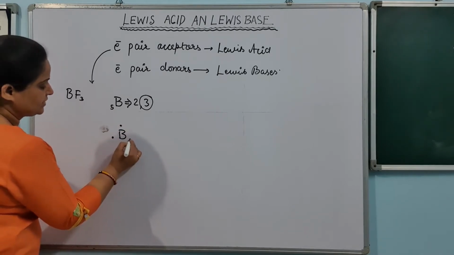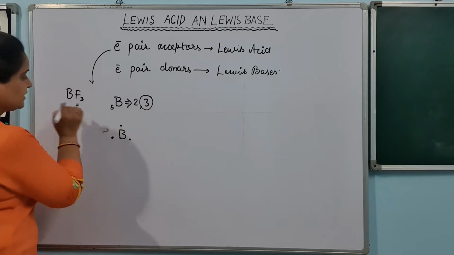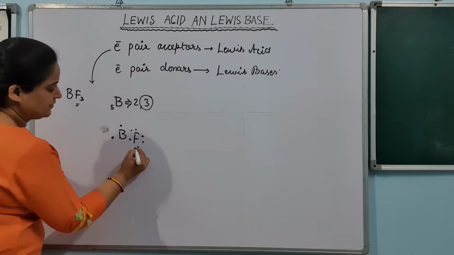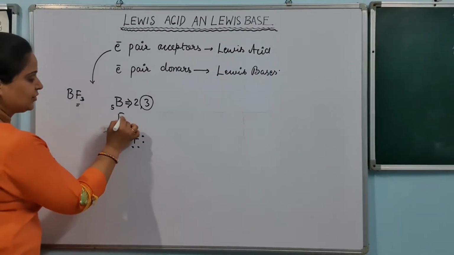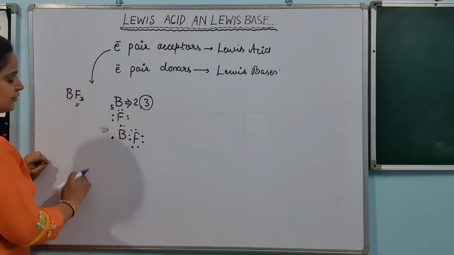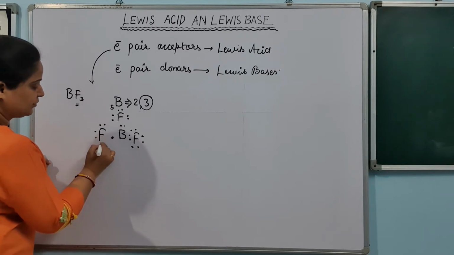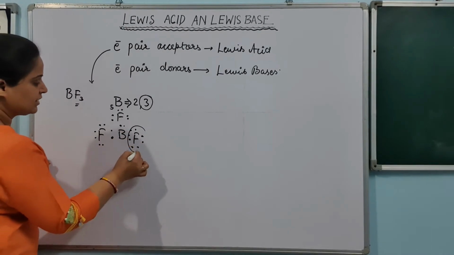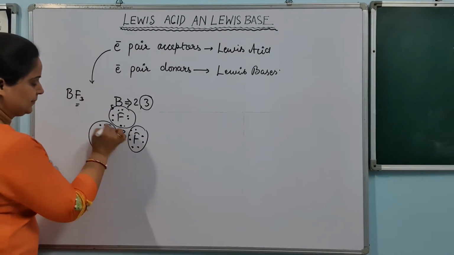If I draw the Lewis dot structure, boron is connected with three fluorines, each with 1, 2, 3, 4, 5, 6 and the 7th electron of fluorine. You can see the fluorine is satisfied with 8 electrons in the outermost shell.